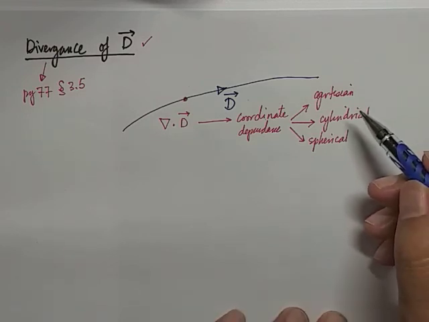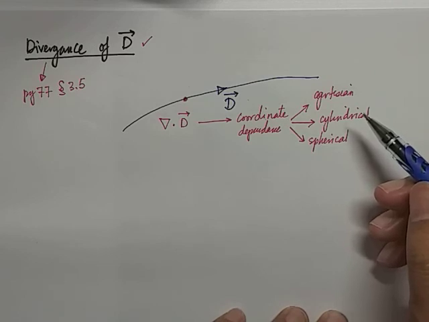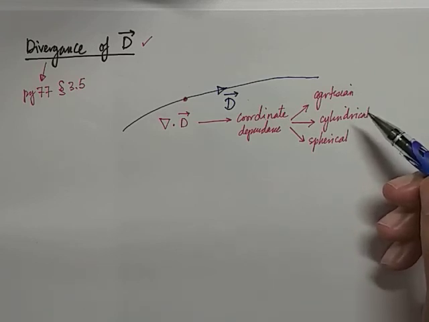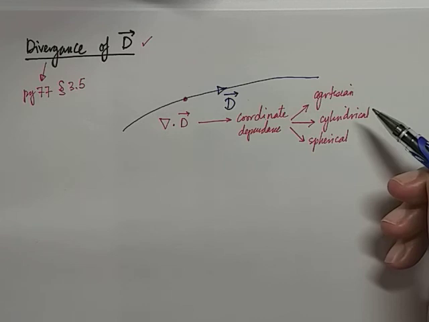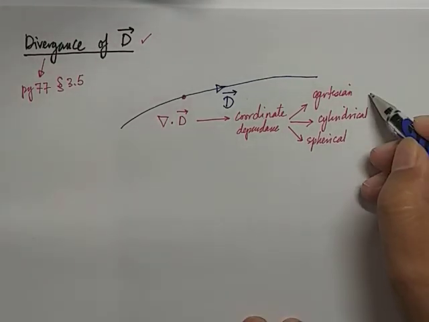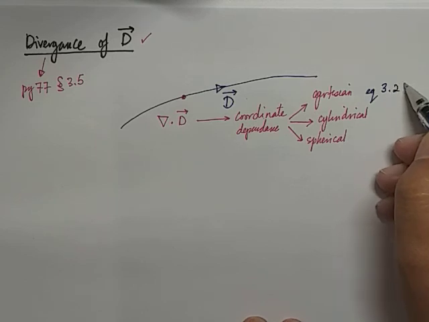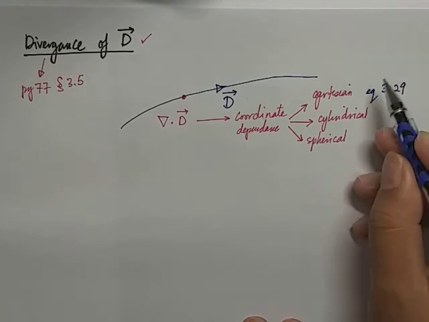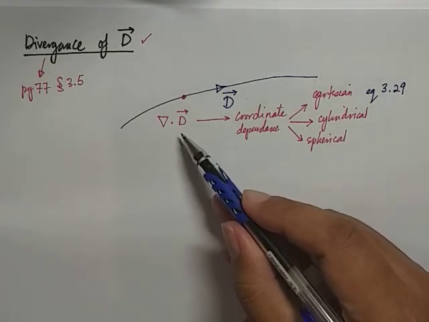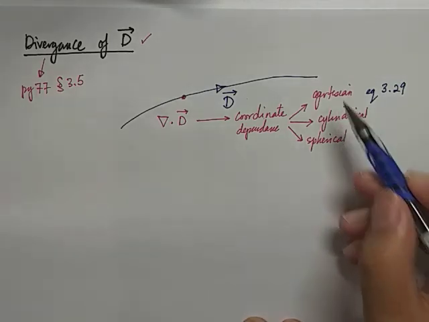Cartesian is defined by equation 3.29. So when you refer to equation 3.29, that is the equation representing the divergence model based on which coordinate? Cartesian.